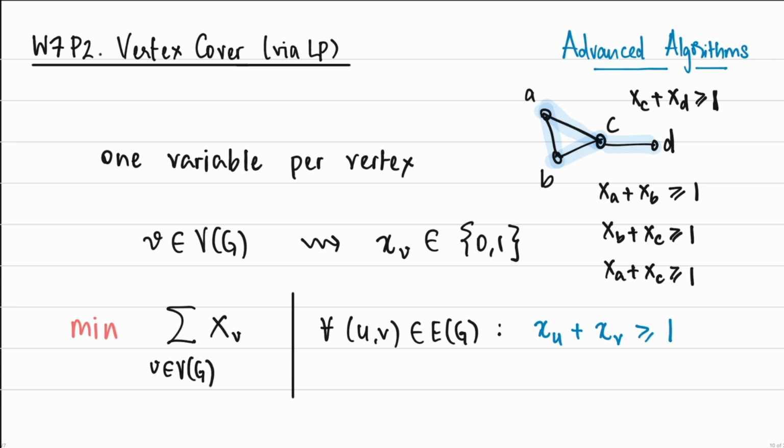And for instance, if you just tried to set XA and XB to 1 and the other 2 to 0, then notice that if you looked at the vertices which are set to 1, so suppose we propose this as a solution to the LP, we say I want to set XA and XB to 1, XC and XD to 0, then notice that if you look at the vertices corresponding to the variables that are set to 1, those vertices don't actually form a vertex cover because you have this edge here that's left out.